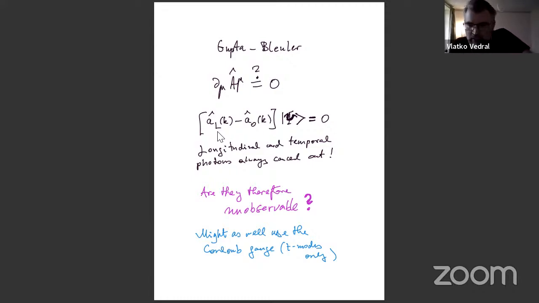You have to, of course, impose this throughout your dynamics. And again, exactly as you were asking, this is a condition that seems to suggest that somehow the temporal and the longitudinal modes really cancel out. So one trivial state which satisfies this is, of course, the vacuum state for both of these modes, or a coherent state of the same amplitude in both modes, or a state 0,1 plus 1,0, which is an entangled state between these modes.